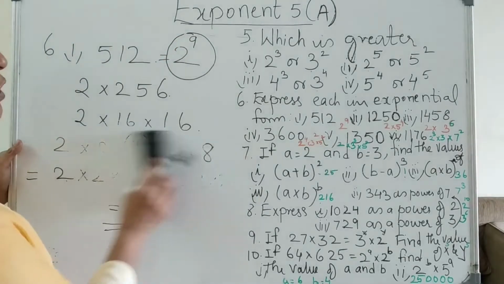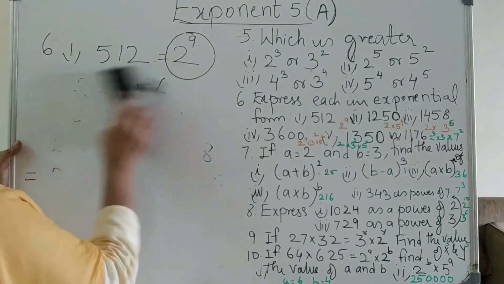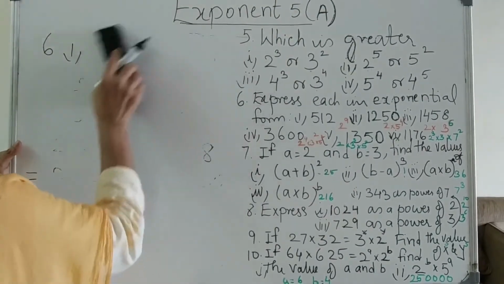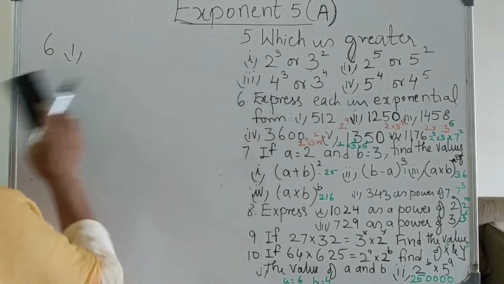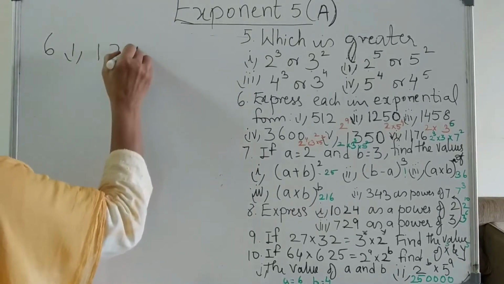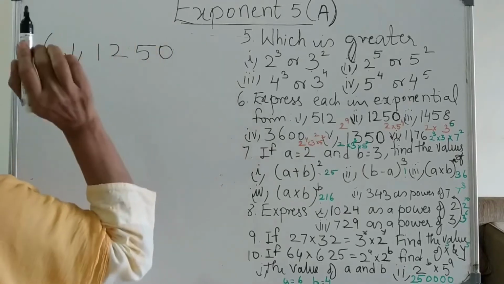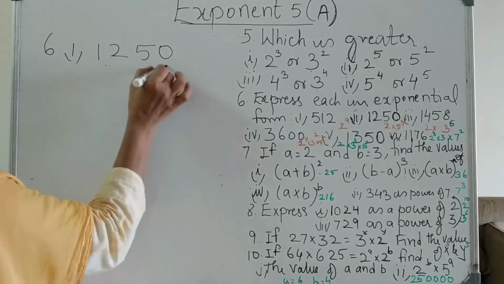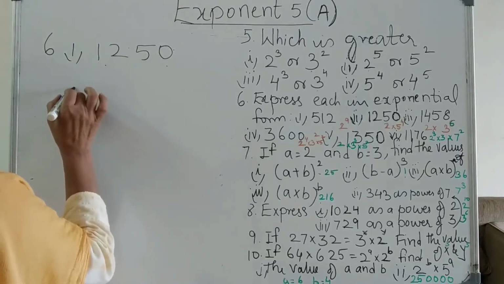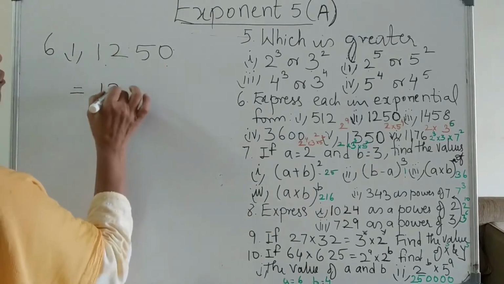Now let us do the second sum: 1250. Either you can do it vertically or horizontally. Now this number can be written as 125 into 10.